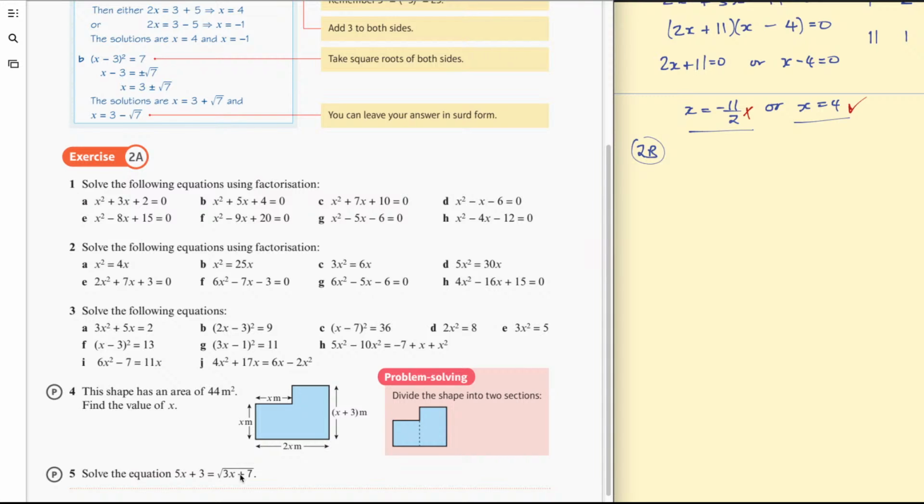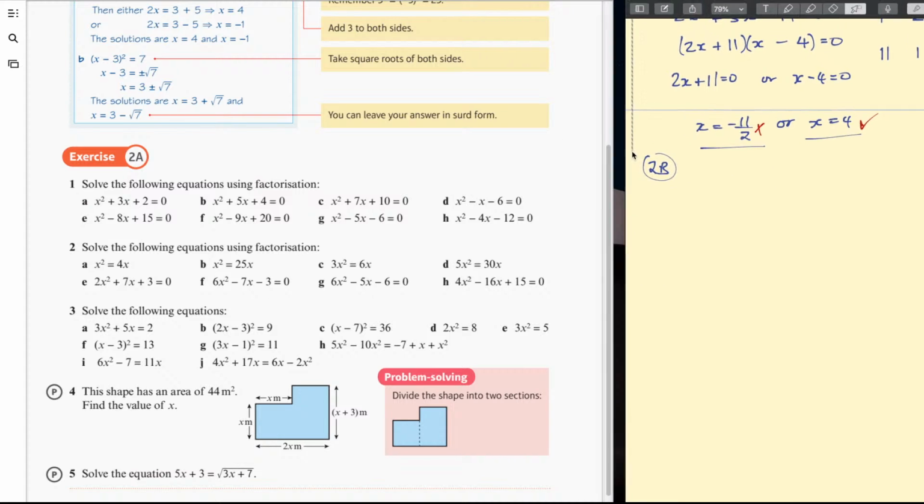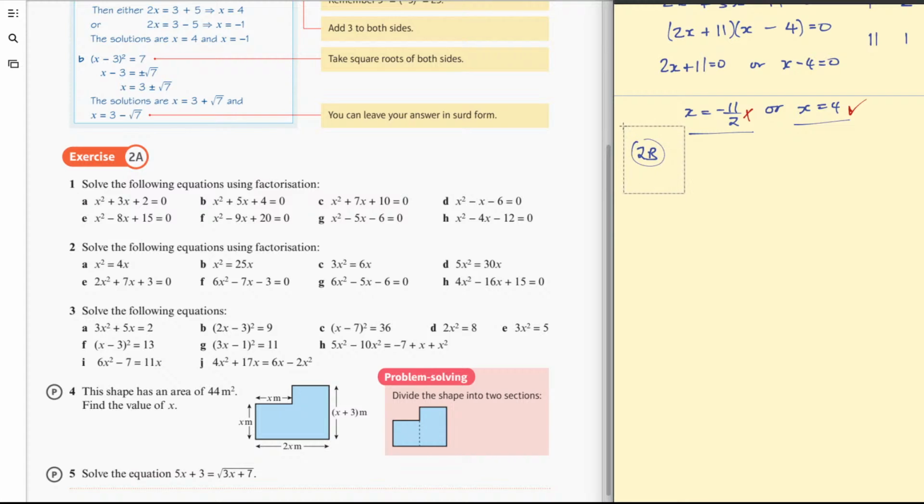I'm not sure if it's an inequality. Okay, well, I feel curious now. Let's have a go at this final question.